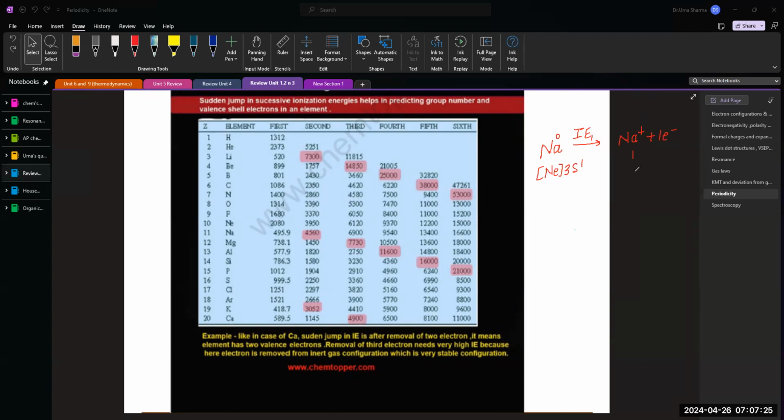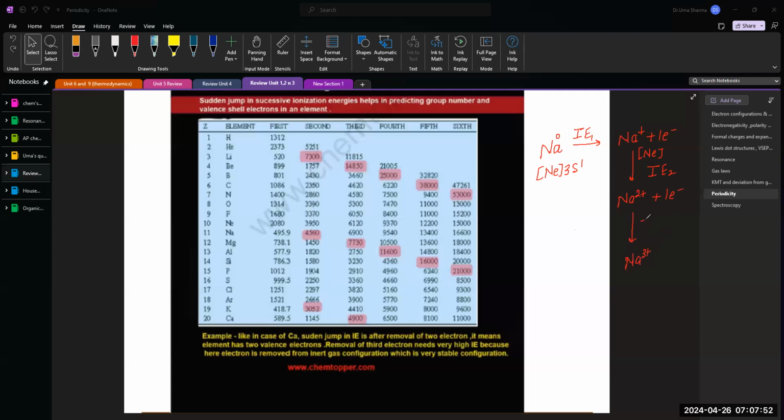Now you remove second electron. Second electron you are removing from neon configuration. This is second ionization energy, and it will become Na2 plus, one electron is out. Then you remove third electron. It will become Na3 plus.